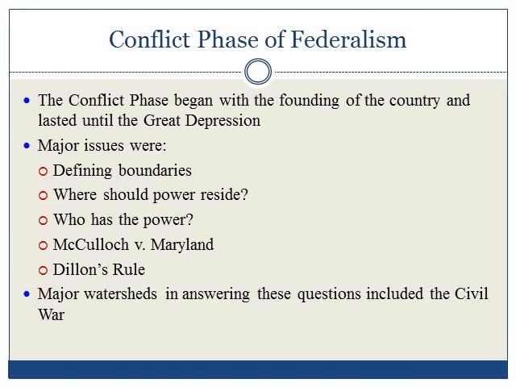McCulloch versus Maryland was one of the examples that I gave you earlier. Dillon's rule has to do with local governments and what power they have. According to Judge John Dillon, local governments really don't have any power except the power that was given to them by the individual states.